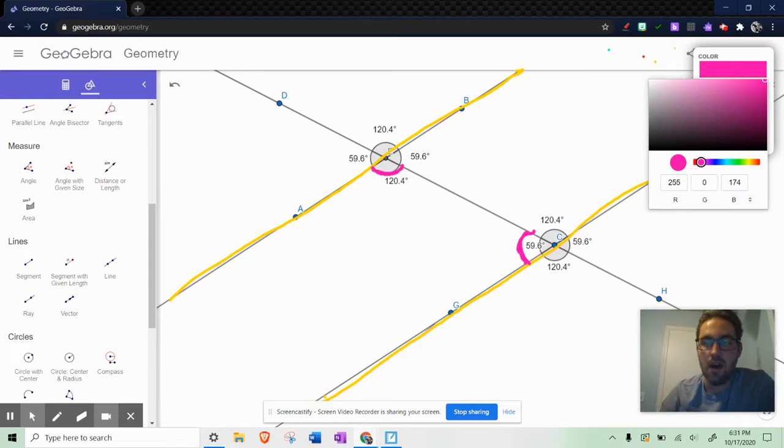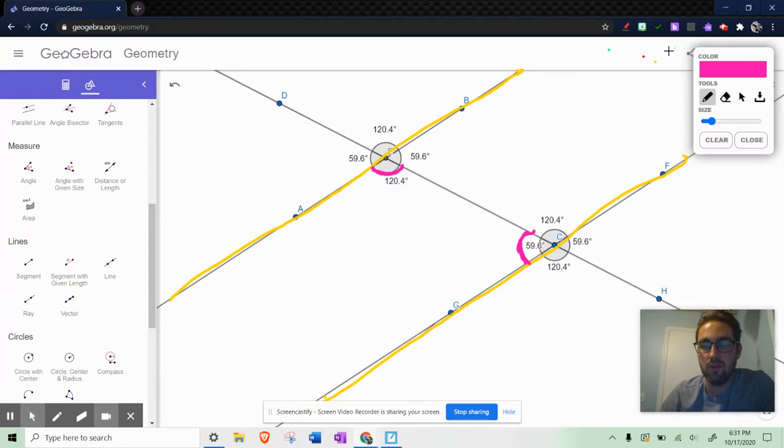Well, those obviously aren't congruent. They're not the same, but there is a relationship between them. If I were to slide this angle up here and move it there, well, notice it's the same measure, 59.6 and 59.6.